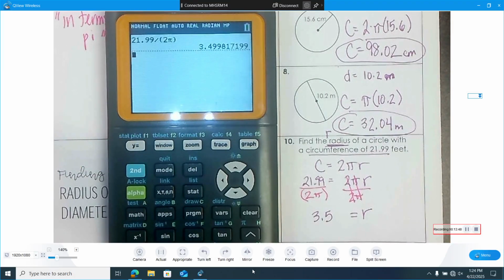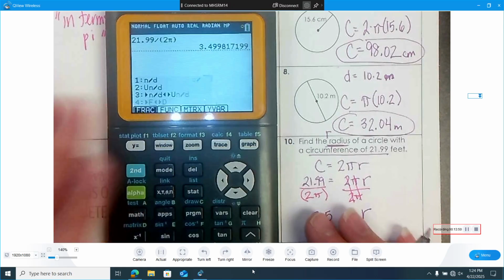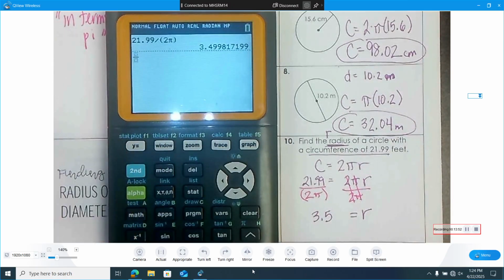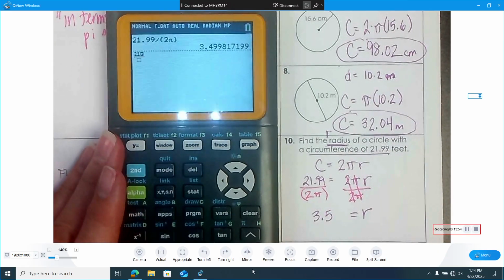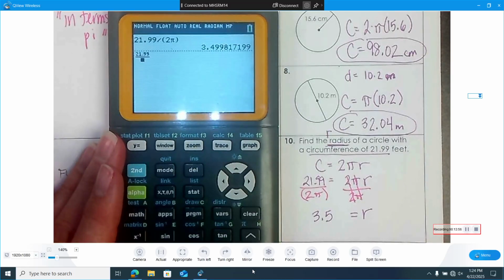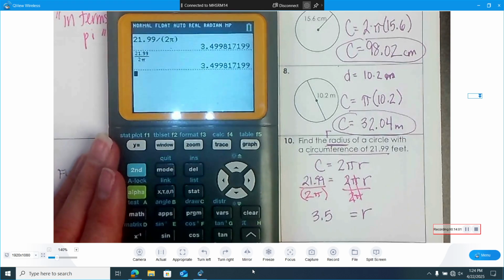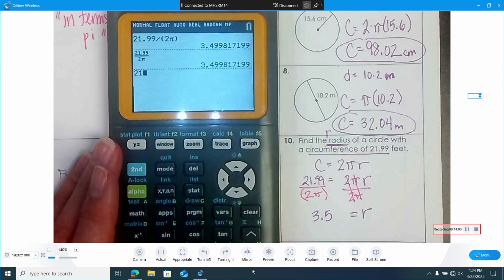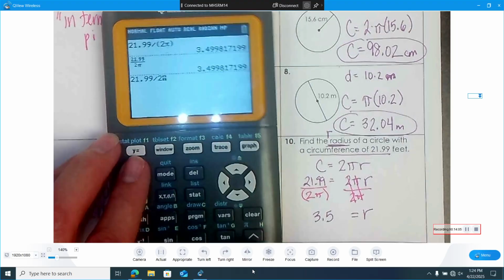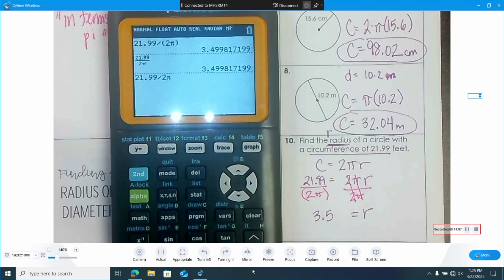So here's the problem. You can do it the way that you guys know, which is to use the other fraction form. You will get the right answer if you do that. I just don't like it because it takes forever. You'll get the same answer. Here's the problem. If you take 21.99 and divide by 2 pi without parentheses, are you going to get the right answer? No, you are not. The reason is that it's going to take the operations in order from left to right, as it should.